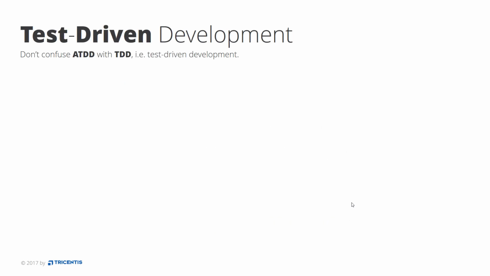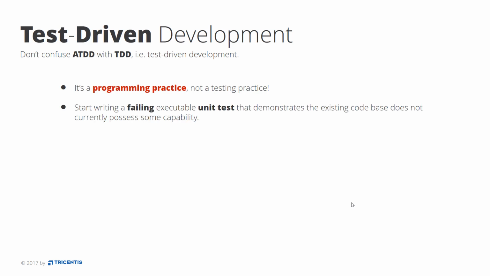So don't confuse acceptance test-driven development with test-driven development. As I said before, it's a programming practice, not a testing practice. You start by writing a failing executable unit test that demonstrates the existing code base does not currently possess some capability. So you start with a unit test that should fail, and you write code until it doesn't fail anymore.